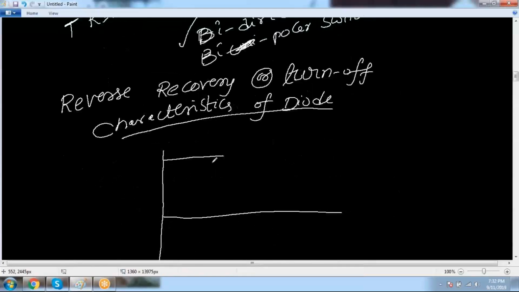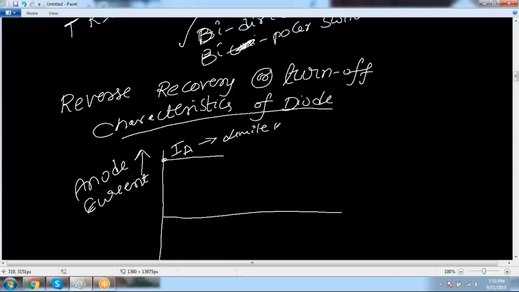If I'm taking it here, it is the anode current. IA is limited by the load. How much load you are connecting, based on that my IA will be limited.